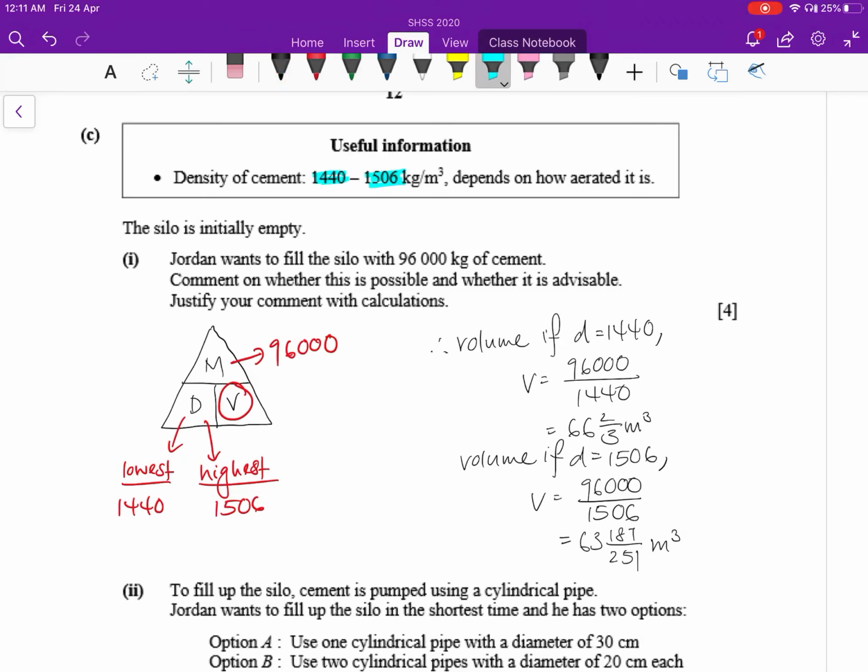So the volume lies between 66 2/3 and 63,187 over 251. So it's possible.